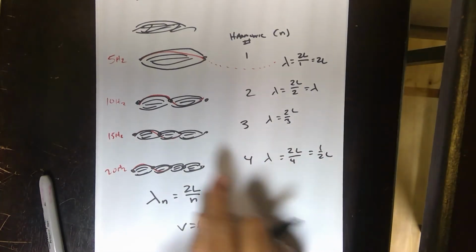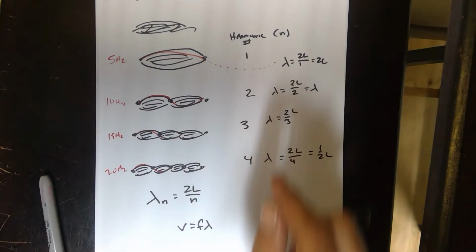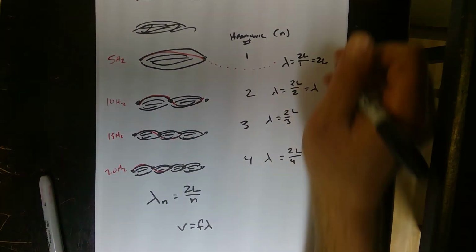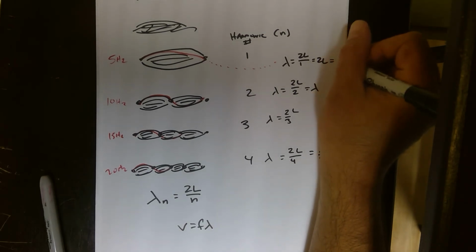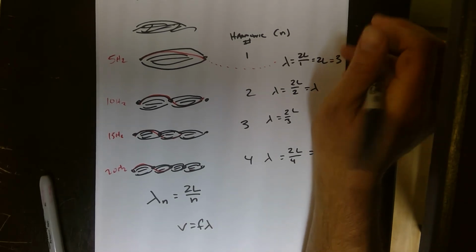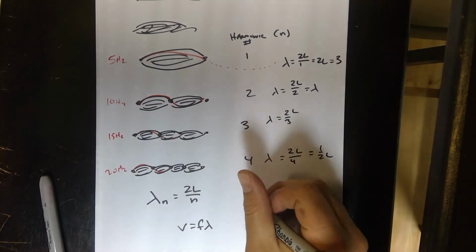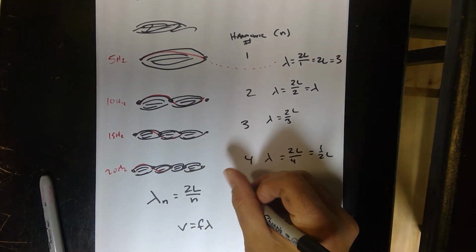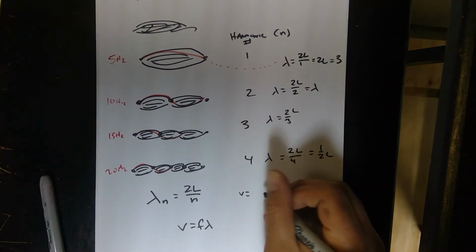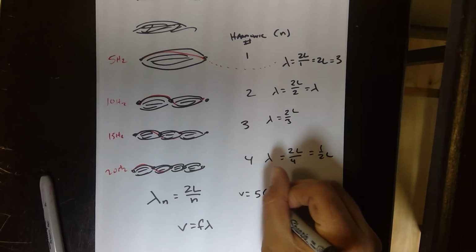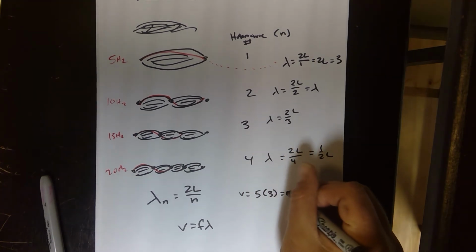And what I can do is multiply the frequency times the wavelength here. This would end up being 2 times L. If L is 1.5, this would be 3. So the velocity of the wave here would be 5 hertz times 3. I would get 15 meters per second.